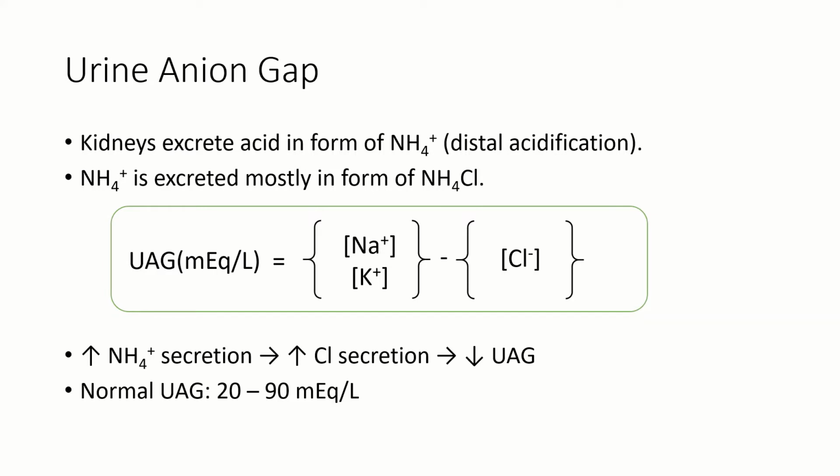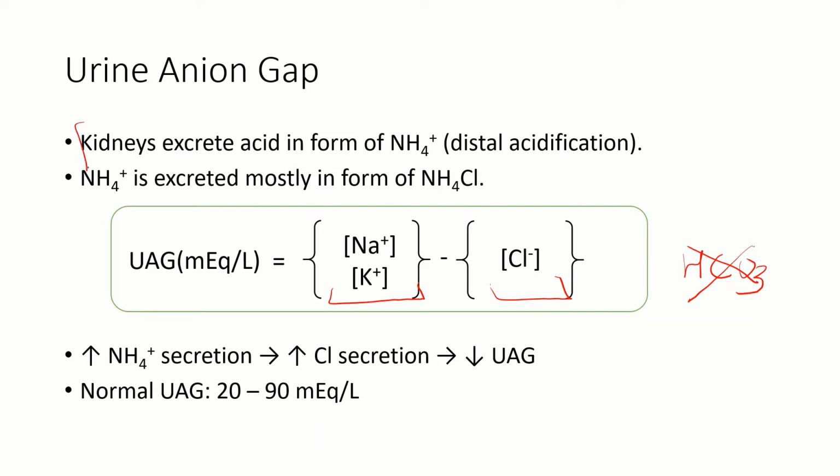What is urine anion gap? As the name suggests, it is the difference between urine cations, which is majorly sodium and potassium, and chloride. Remember that in case of plasma anion gap, we also had bicarb, which we don't use here as the quantity of bicarb is very low in urine.